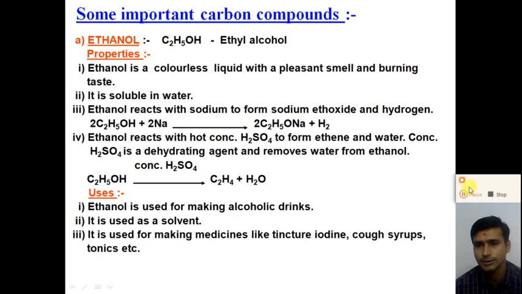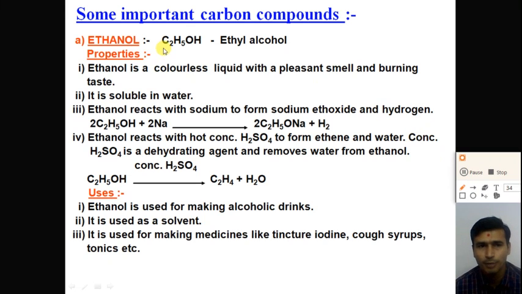So what is the structural formula of ethyl alcohol or ethanol? Here the molecular formula of ethanol or ethyl alcohol is C2H5OH, right? How does ethyl alcohol form? In ethyl alcohol, two carbons are connected in a chain structure, right?